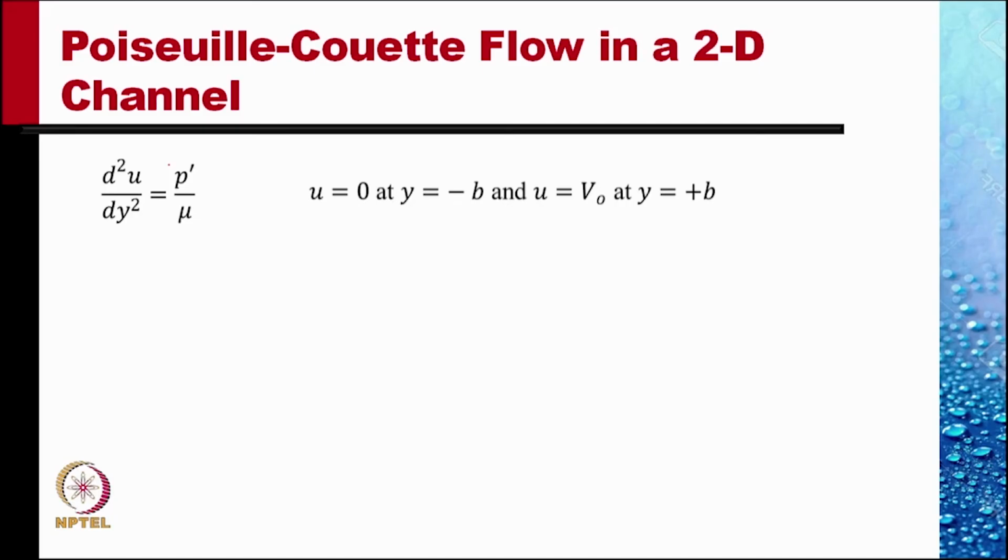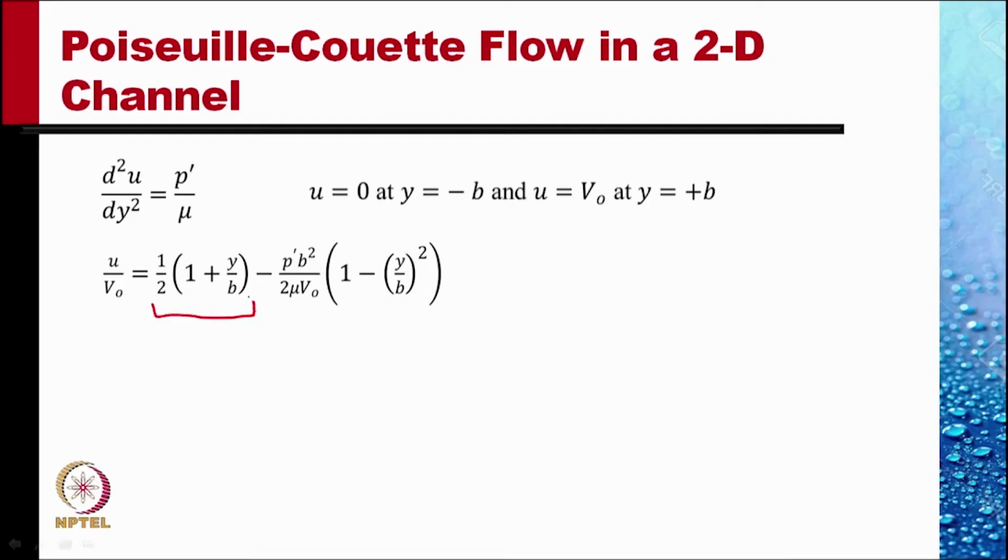If we use this boundary condition to solve this simple linear equation, we get this solution. This solution has two parts. One that does not depend upon the pressure gradient, and the other that depends on the pressure gradient.